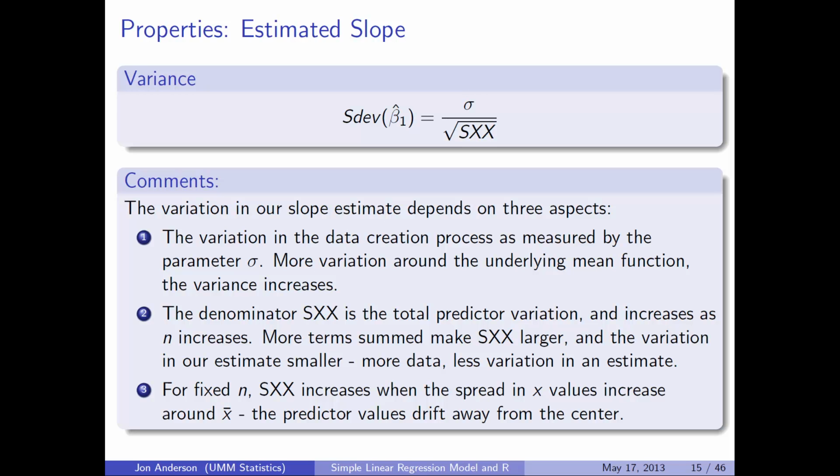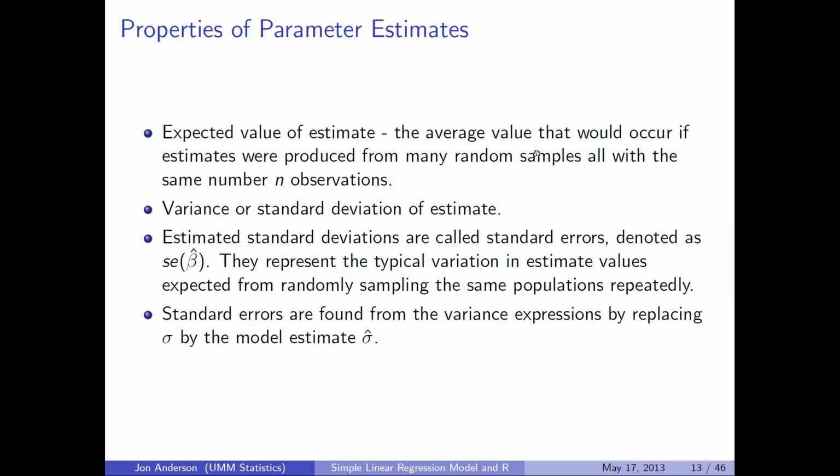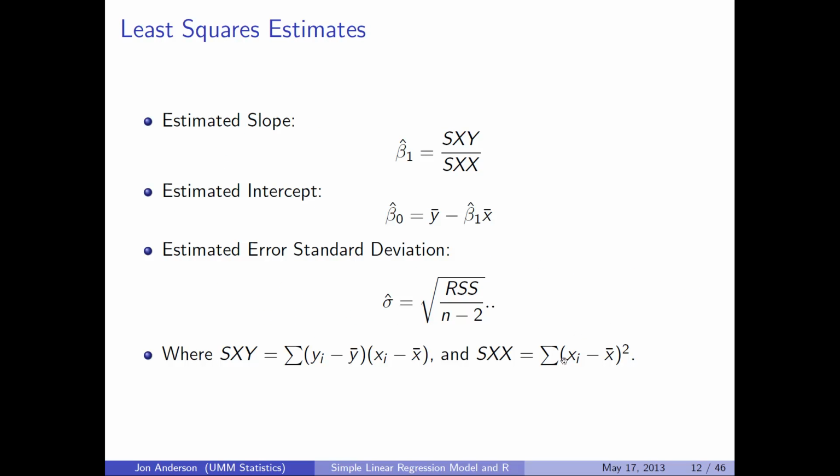You'll notice that another thing that matters is down in the denominator, the value of SXX. When SXX gets bigger, the variation in the estimate gets smaller, or in other words, you get a better, less variable estimate. Well, when does SXX get bigger? Well, remember, it gets bigger because it is the spread in the predictor values around the predictor average. And when can this expression get bigger? Well, it can get bigger when you add more values together.